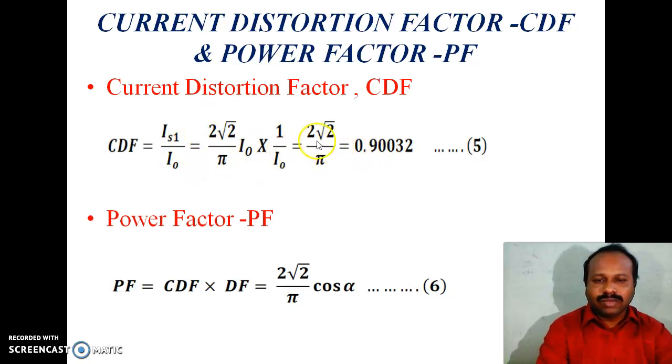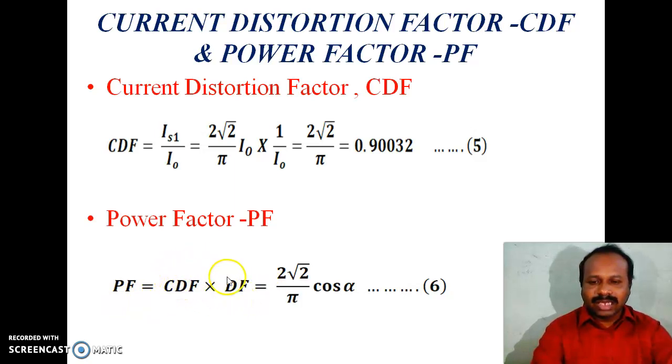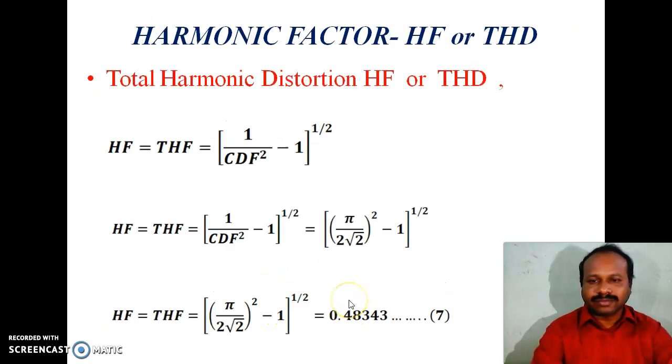Now it gives the value 2 root 2 by pi, that is equal to 0.90032. Next one, power factor. The formula to find the power factor is PF equal to CDF into DF. Already we got the values: CDF is 2 root 2 by pi and DF equal to cos alpha. So power factor is equal to 2 root 2 by pi cos alpha.